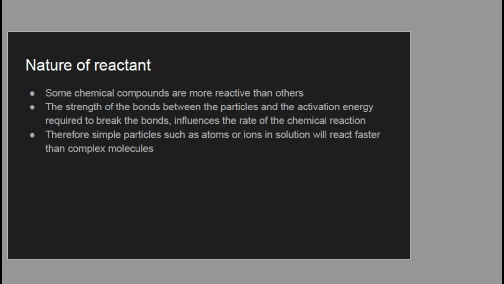Looking at the first one briefly, the nature of the reactants is that some chemical compounds are in fact more reactive than others. That is true. I know this because the reactivity of the alkali metals increases as we go down the group on the periodic table. We obviously know the different groups.